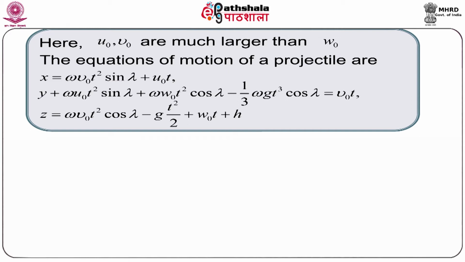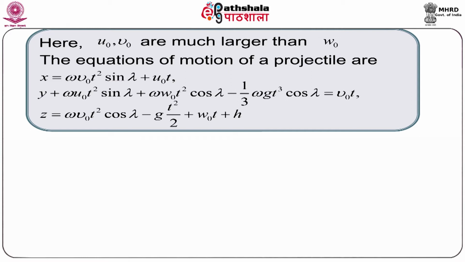We consider a particle representing a projectile fired with high velocity in a flat trajectory. This means that u0, v0 are much larger than w0 for nearly horizontal projection.